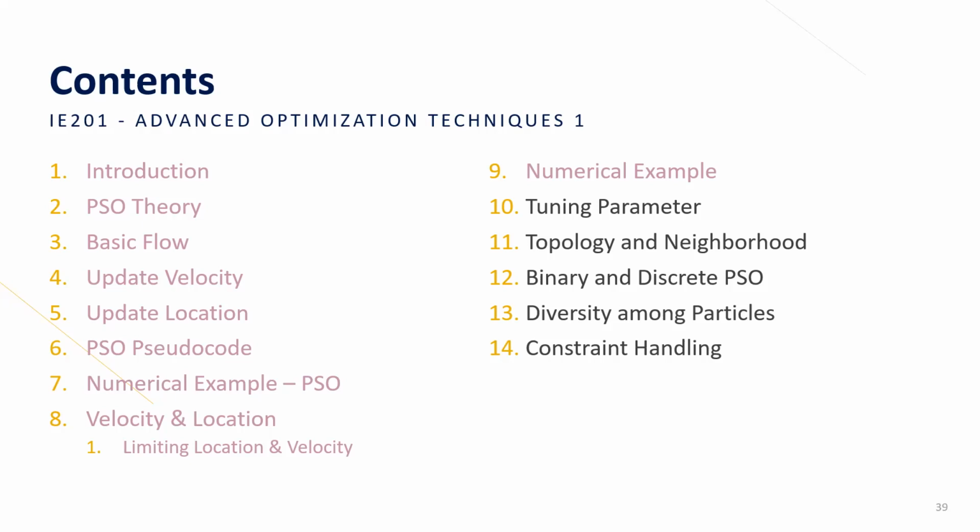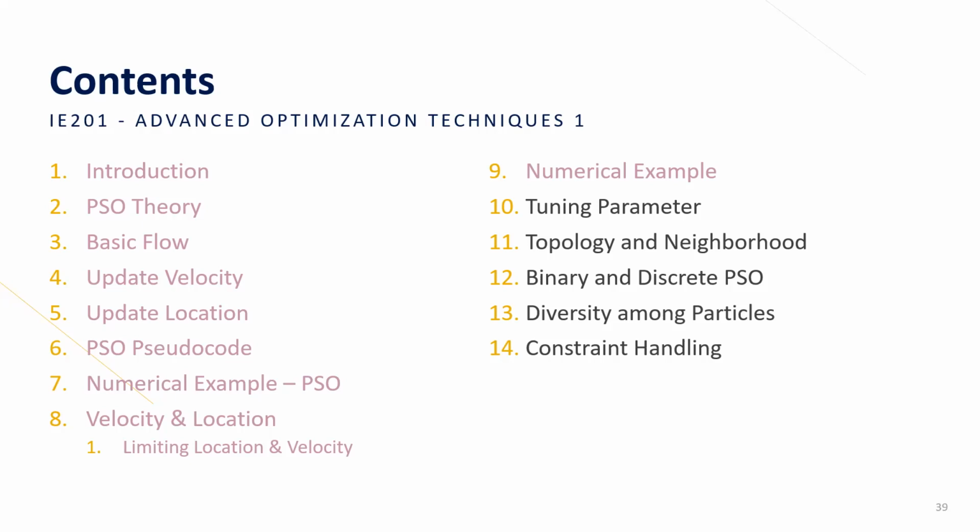And the next topic is about, okay, previously we only showed the example of how PSO can solve a real decision variable problem. For example, you want to find the value of x and y in a simple formula which can normally be solved using simple calculus. But actually PSO is much more than that.